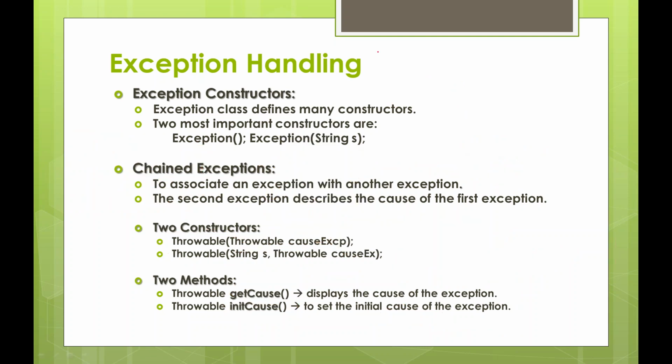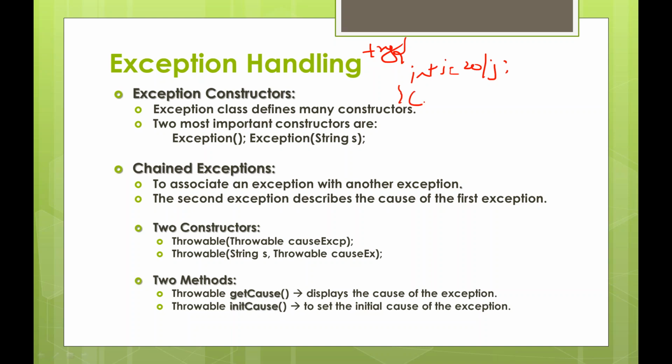So what is happening? I have a try block, and then I am doing int i is equal to 20 divided by data obtained from database. This is the data which is obtained from database.